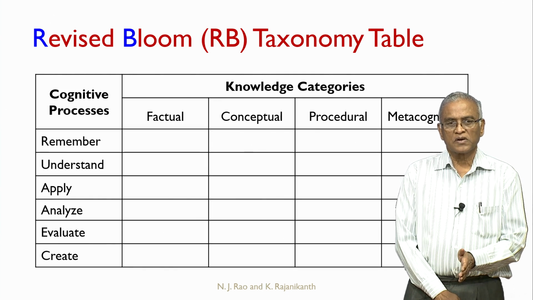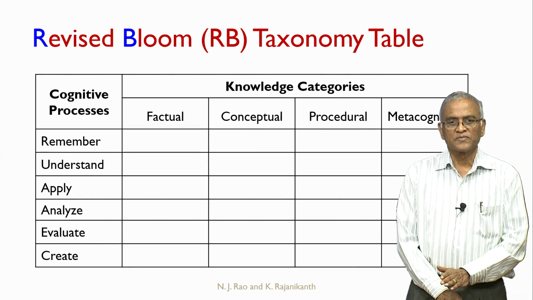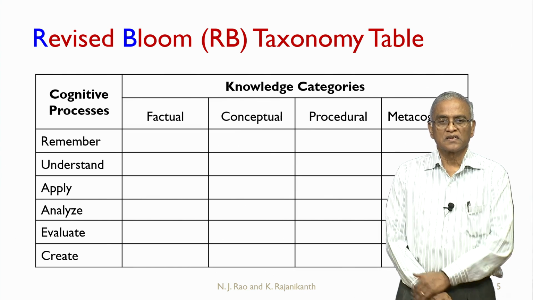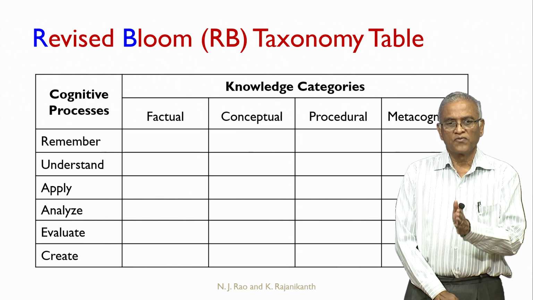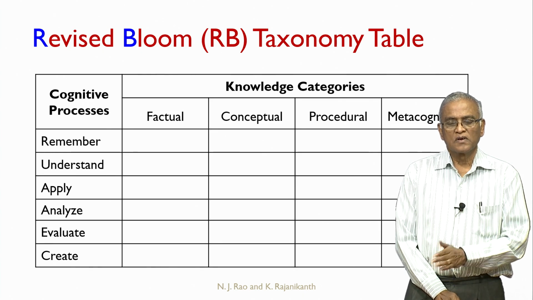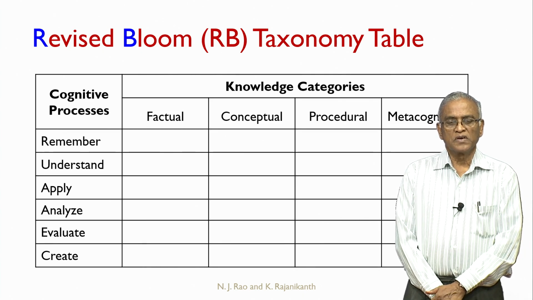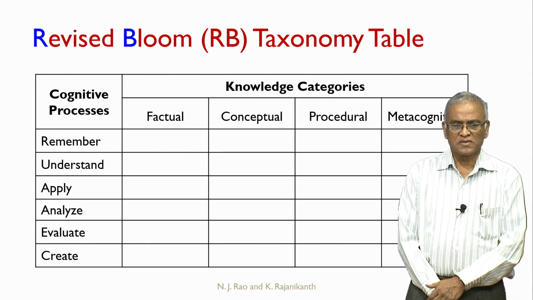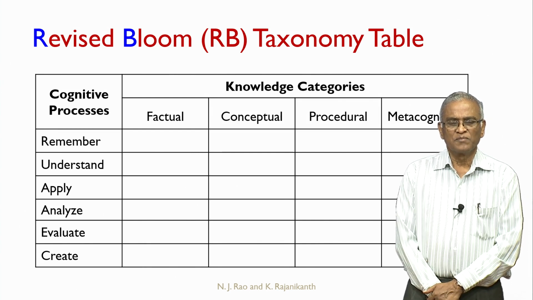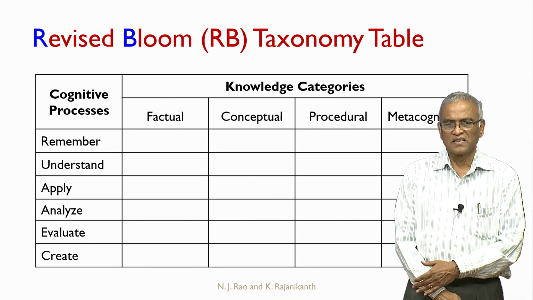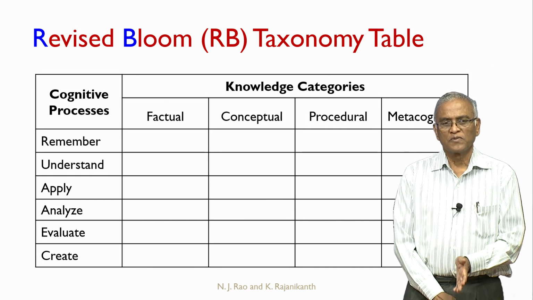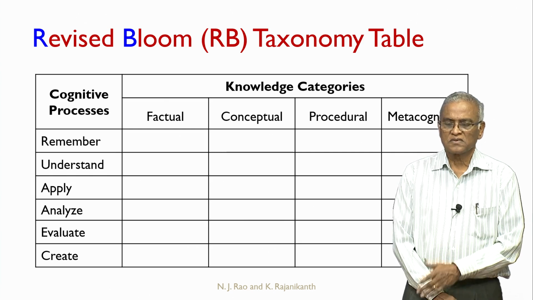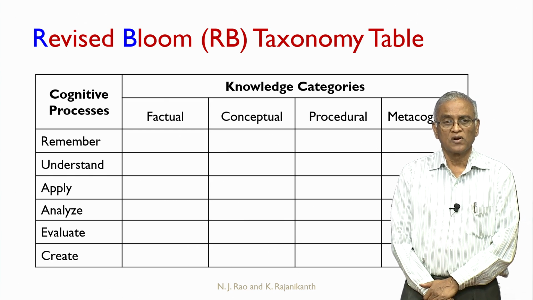So, cognitive process comes first, cognitive activity comes first and the knowledge categories come later. That is the reason we felt that the rows should be represented by cognitive process, but it is a very simple change, it does not alter anything otherwise. If somebody feels comfortable with these 2 reversed, it is fine, there is no issue involved in that.